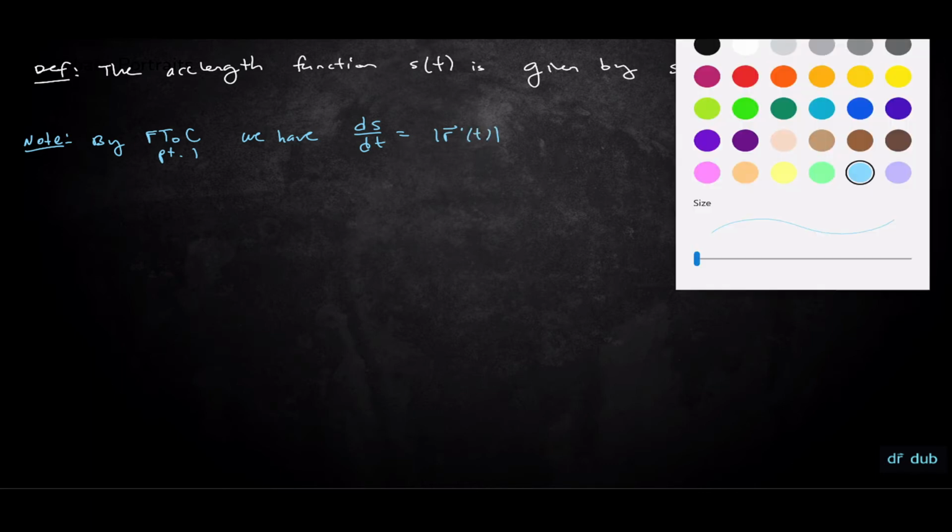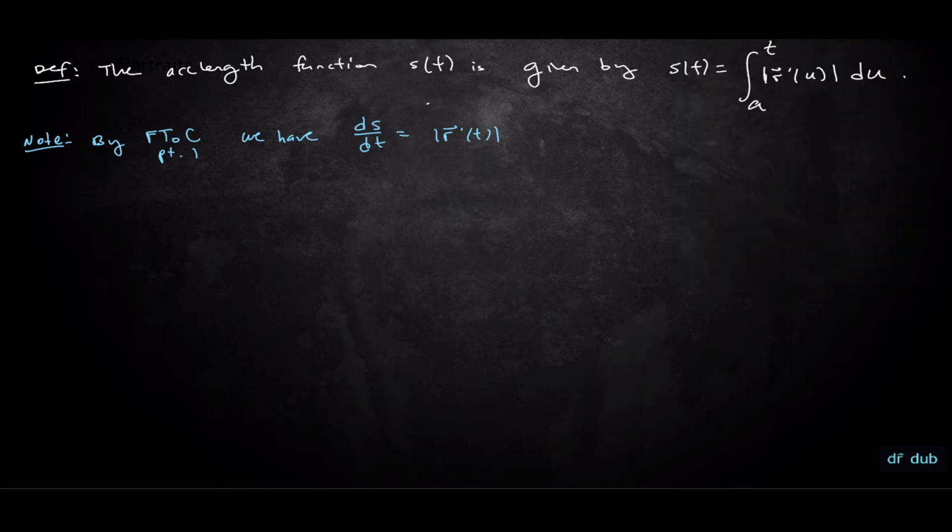That's an extremely important formula we're going to use in this class and in vector calculus next quarter. So ds/dt equals the magnitude of r prime of t. Another thing to note is that the differentials work out so that ds equals the magnitude of r prime of t dt.